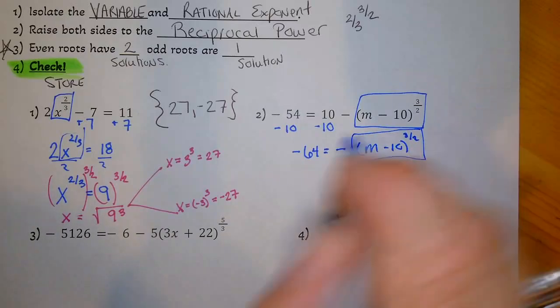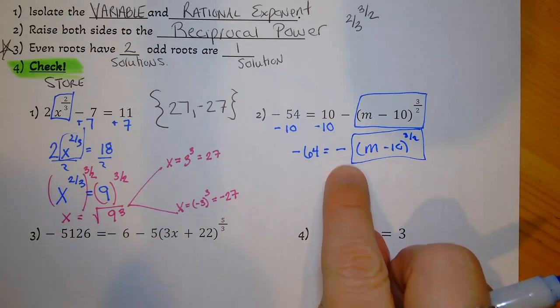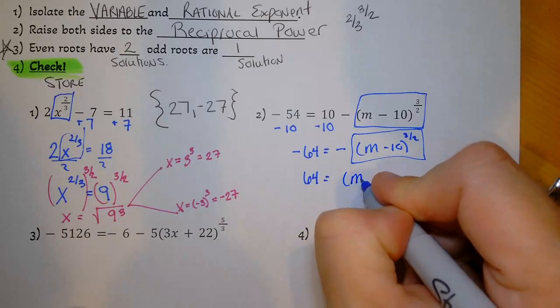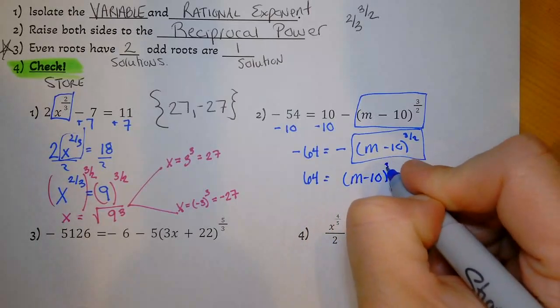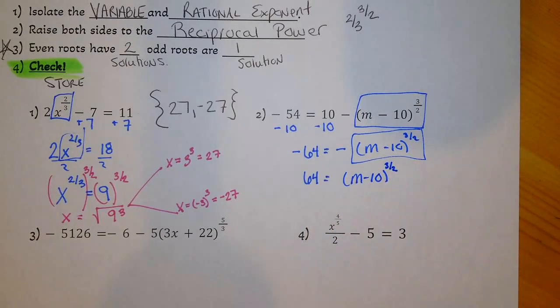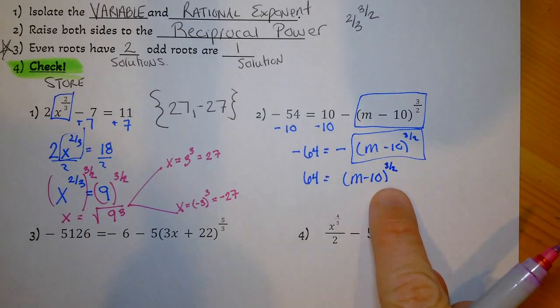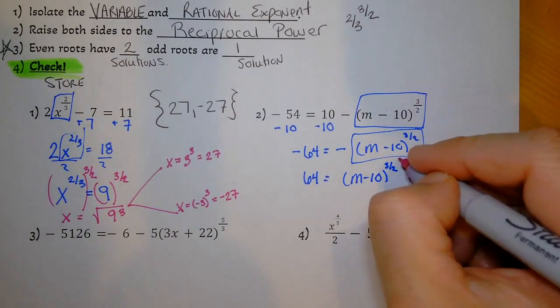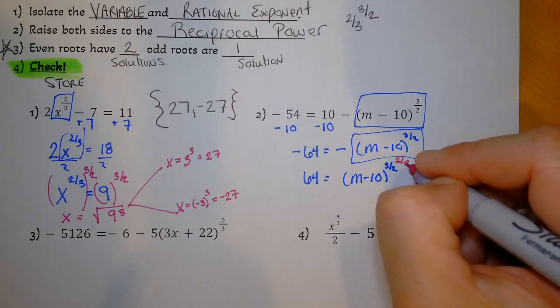This is not by itself yet. I have to first divide out the negative. So 64 equals m minus 10 to the 3 halves. Now I went as far as I can here, and I'm going to go to step 2. Raise both sides to the reciprocal. So the reciprocal of 3 over 2 is going to be 2 over 3.